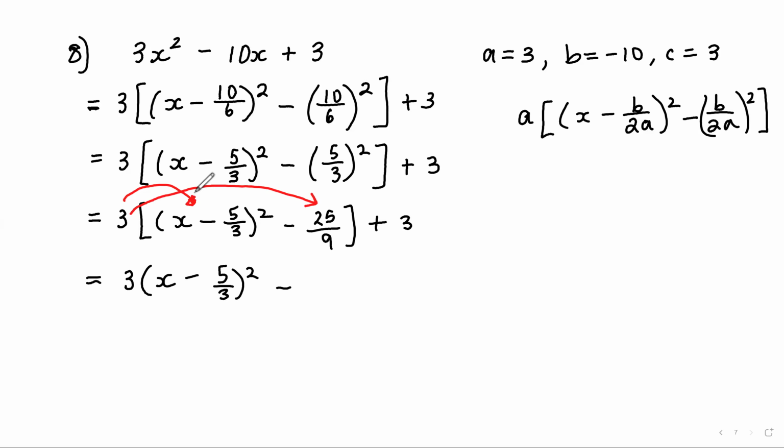Tell me what that is. 8 and 1/3. Yes. All right. So it'll be minus 8 and 1/3 plus 3. So now let's check what that would be. So check what 3 take away 8 and 1/3 would be.